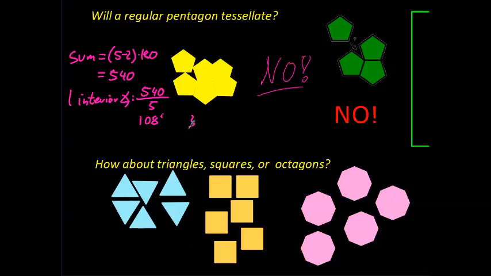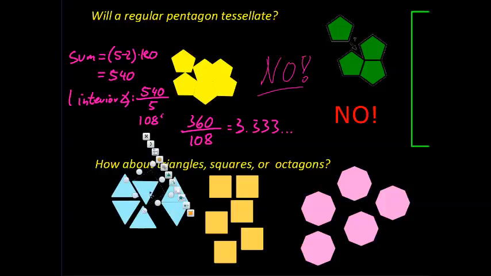So 360 divided by 108 gives us what number? We can use a calculator for that. And we get 3.333 repeating.